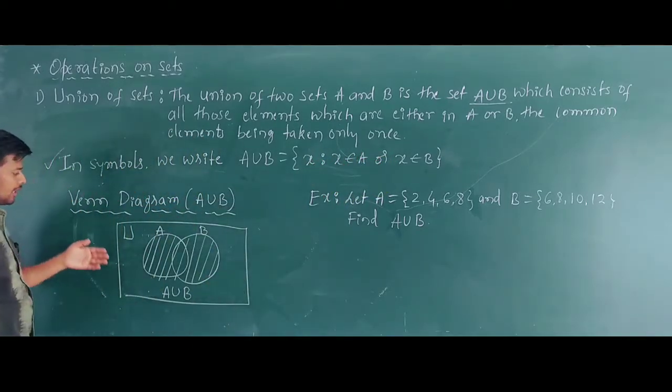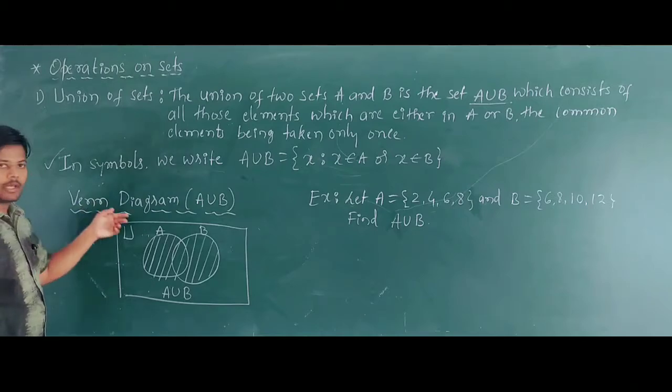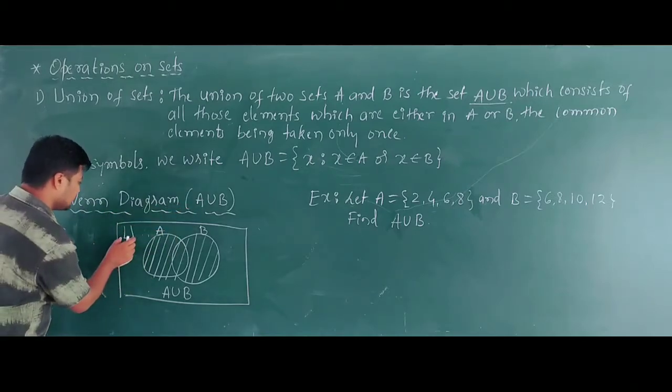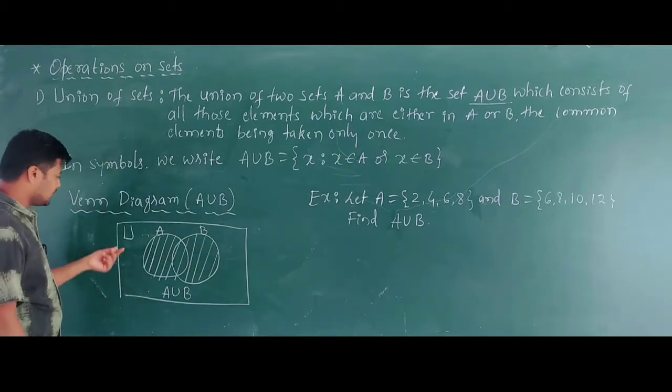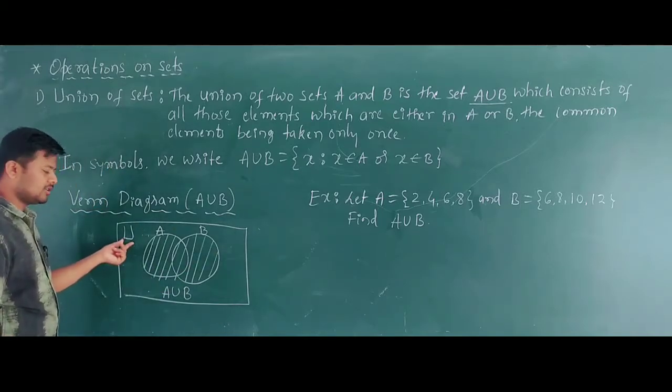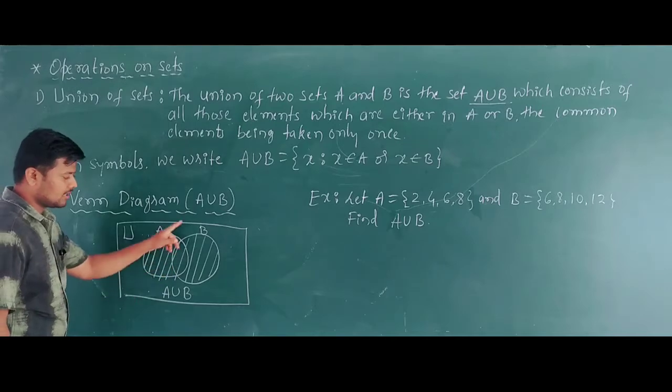So this is the Venn diagram for A union B. This is the universal set represented by a rectangle. Then subsets of the universal set are represented by circles.